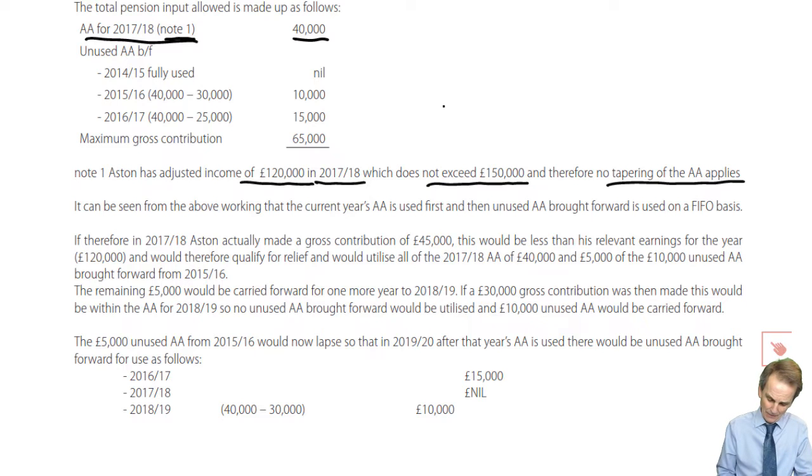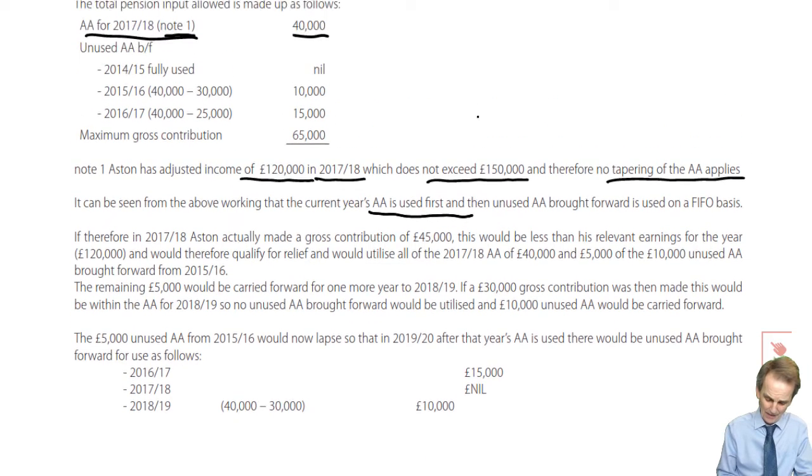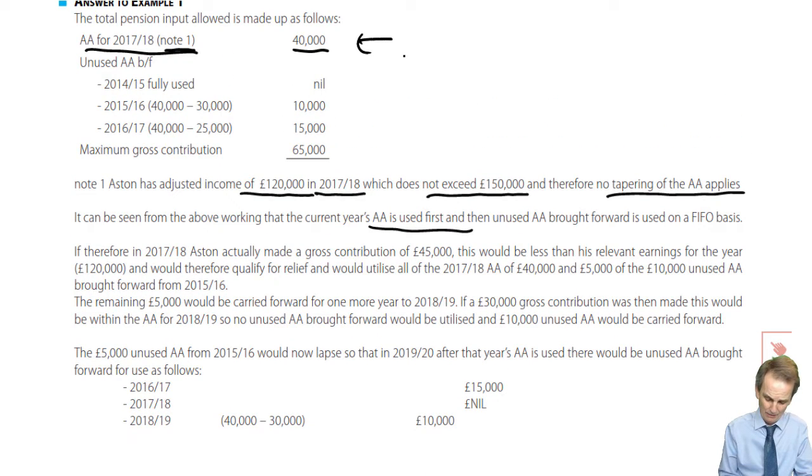As can be seen from above, the current year's AA is used first. Yes, we would use the 40,000 first. Then what happens? We go back and use up the unused AA brought forward on a last in first out basis. This was 1718, so we go back 1617, 1516, 1415, and because it's a LIFO basis, we start with that year.